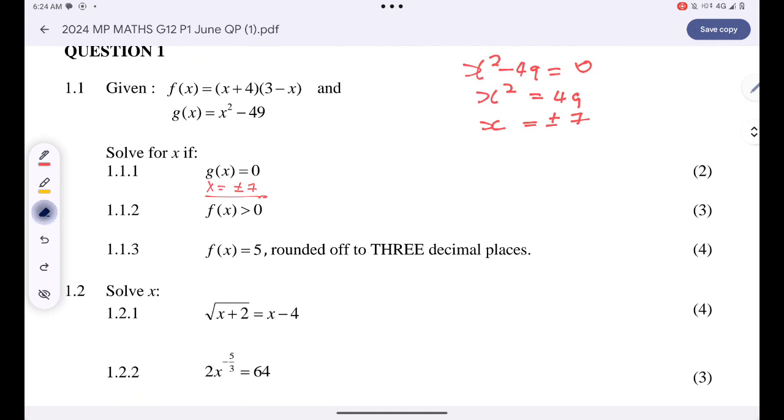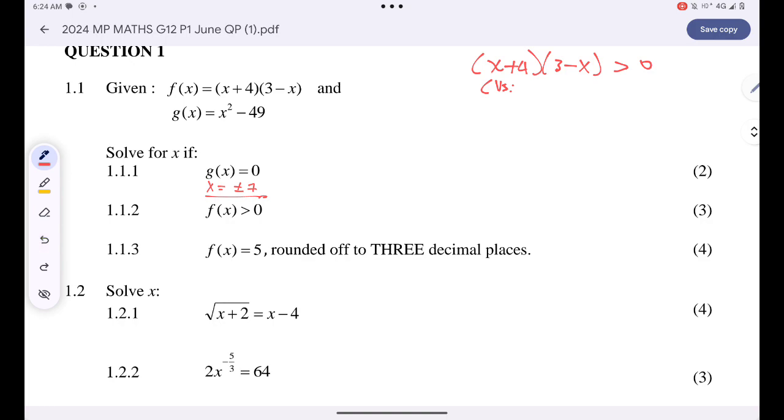Okay, now we are supposed to solve for x if f of x is greater than 0. f of x is just equal to (x plus 4)(3 minus x). This is greater than 0. So already, guys, I have my function factorized and I have 0 on the right hand side, right? The first thing I need to do is to write down my critical values. Critical values are values of x that will give me 0 whenever I substitute them into this expression over here.